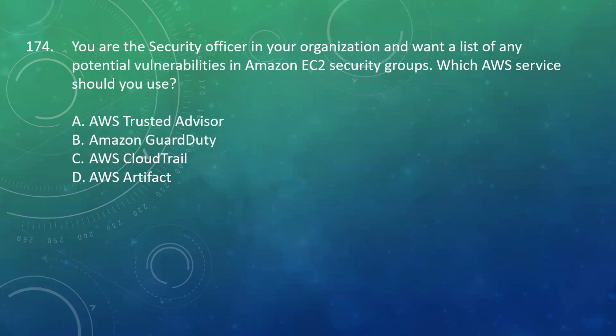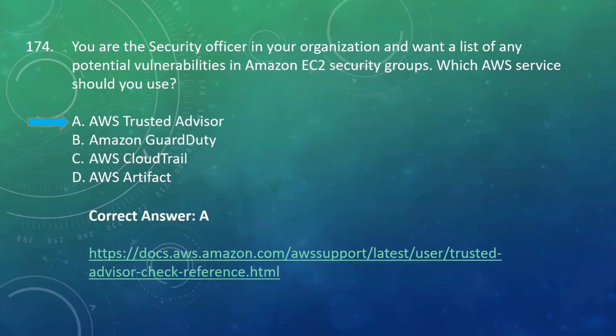And the correct answer here is AWS Trusted Advisor. Now, there is a link on your screen at the moment, which will be available in the description section of this video. Go through the link to understand more about how AWS Trusted Advisor can help you in determining any potential vulnerabilities in Amazon EC2 security groups.